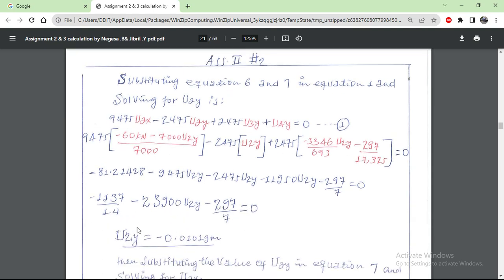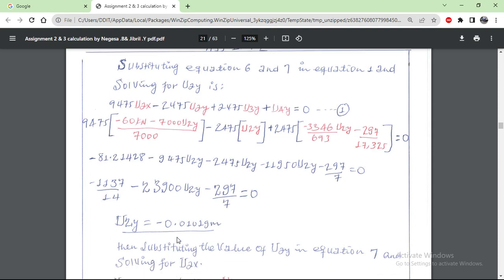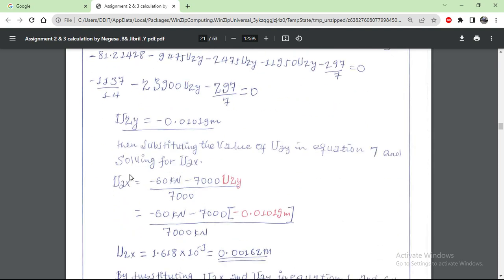After reductions, we get u2y. Negative shows that the displacements are in compression. The direction also shows this one. After that, we get this result. Those displacements are calculated like here.